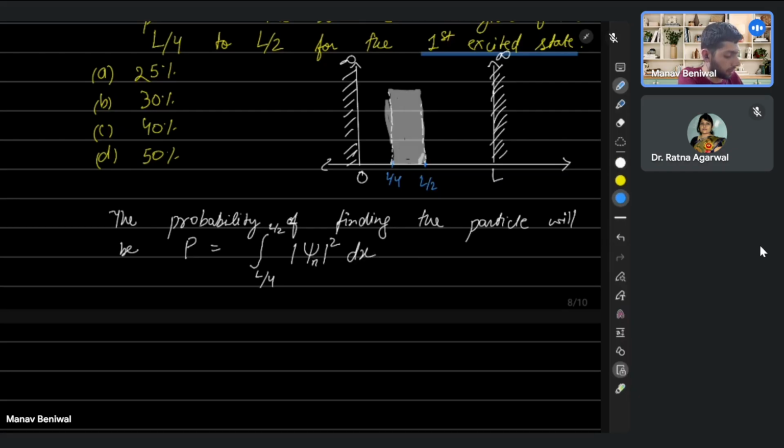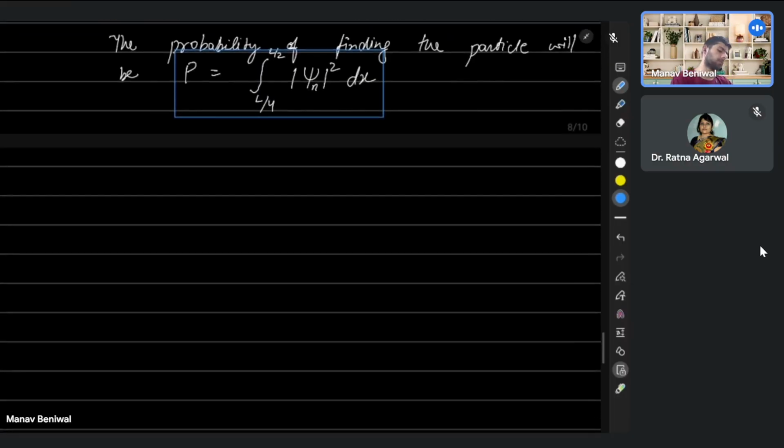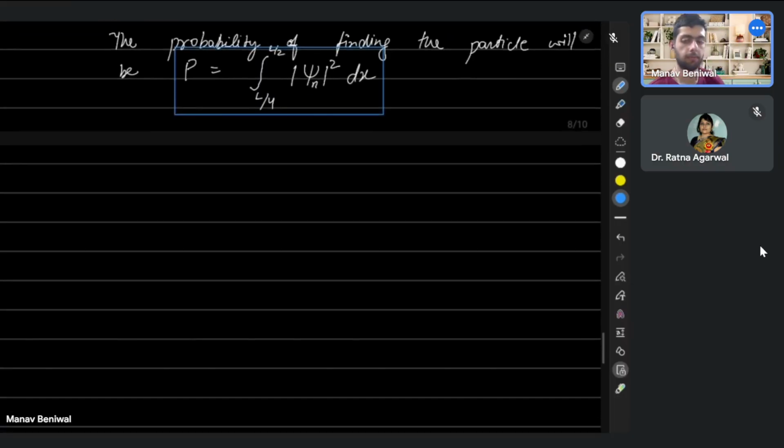This is how we define probability. So this is just the definition in quantum mechanics. From your starting point, which here is L by 4, to your end point, which here is L by 2, we just take the square of the mod psi, which is the eigenfunction, and then we integrate. So this integral upon solving will give us the probability.